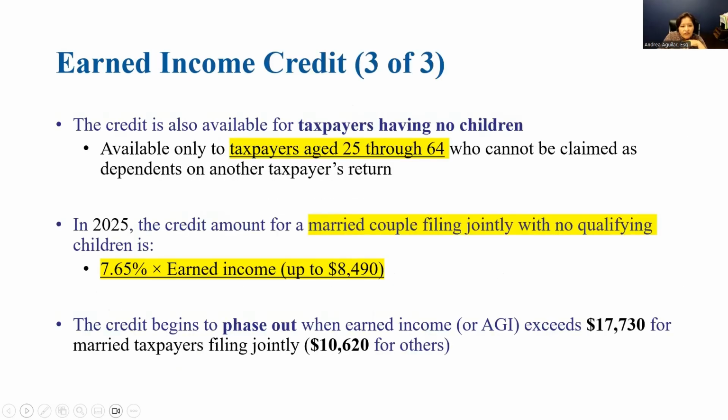Another important piece of information that you need to keep in mind is that taxpayers with no children, as you have seen by looking at the table, can get this earned income credit, but they have to satisfy additional requirements. For example, taxpayers need to meet a particular age requirement, ages 25 through 64, and they cannot be claimed as dependents.